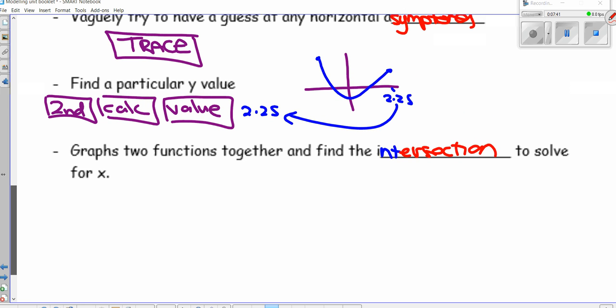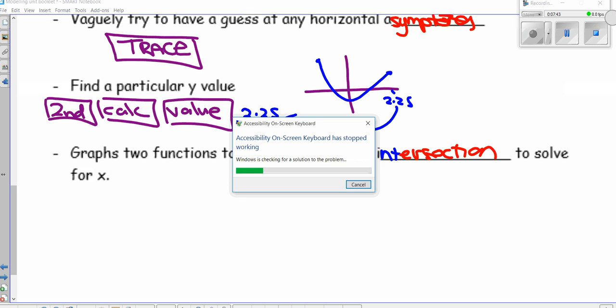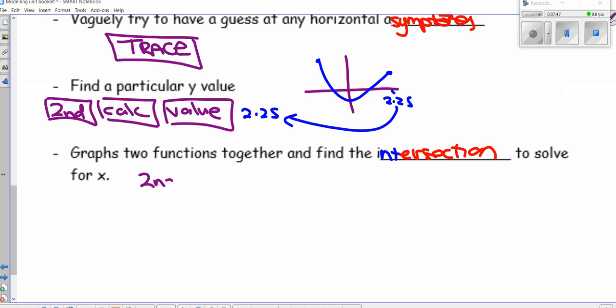So to find the intersect, you go second, calc, and then select intersect. And then you press enter 3 times.